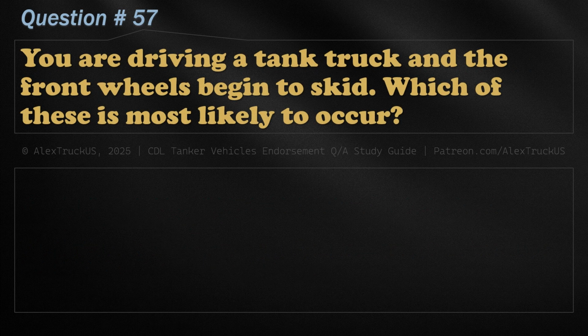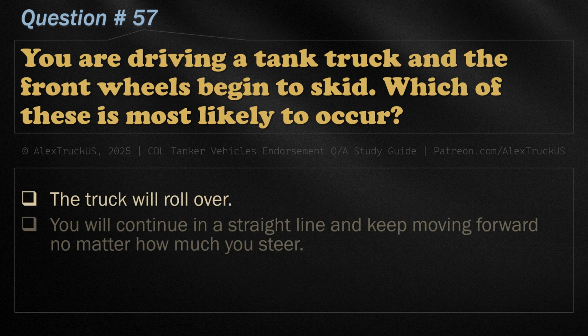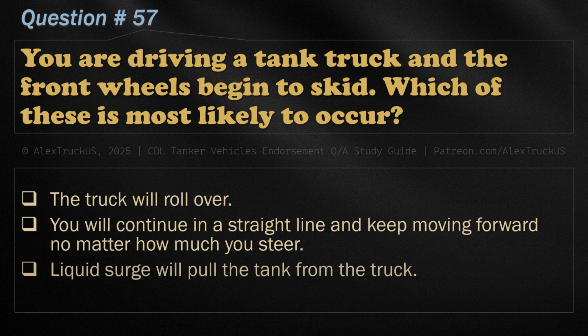Question 57. You are driving a tank truck and the front wheels begin to skid. Which of these is most likely to occur? The truck will roll over. You will continue in a straight line and keep moving forward no matter how much you steer. Liquid surge will pull the tank from the truck.